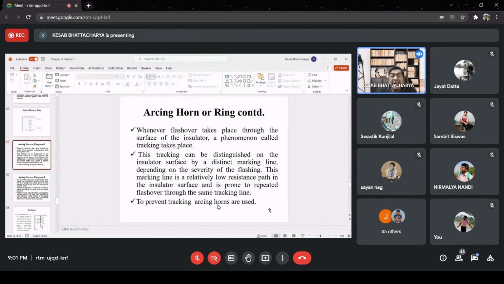Now this tracking we discussed in the case of insulator failures. Here once again it is mentioned that arcing horns, when used, actually protect the insulators from damage due to tracking. So you just go through this slide.